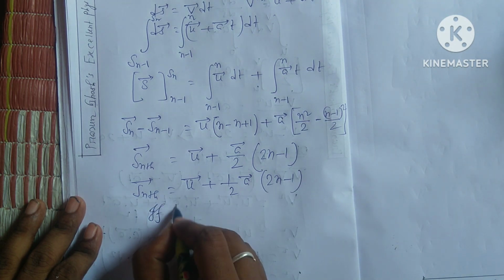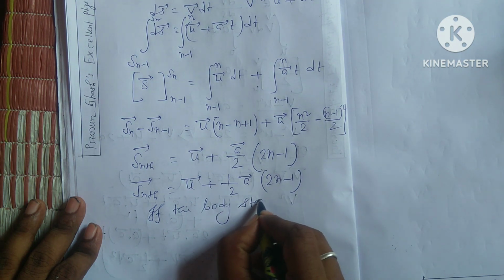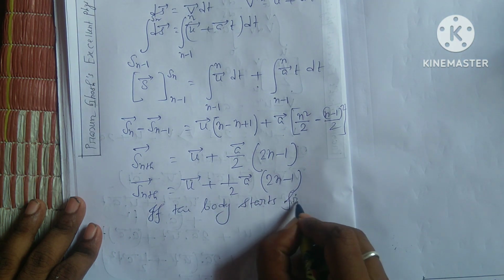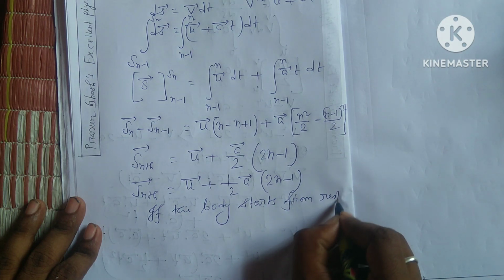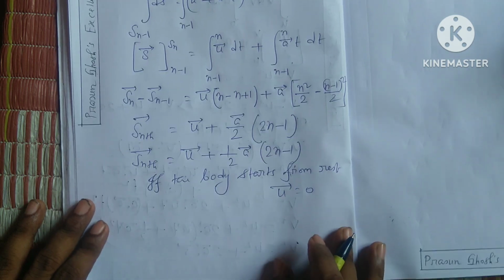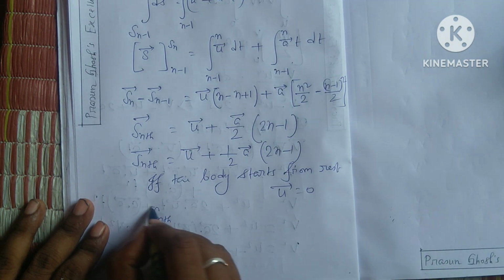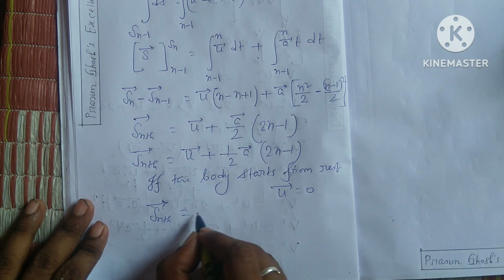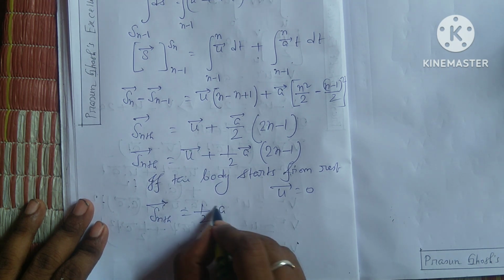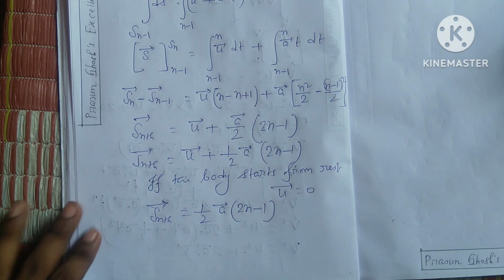If the body starts from rest, then we can write u equals 0. So s nth equals half a times 2n minus 1.